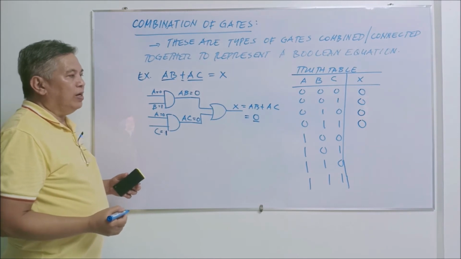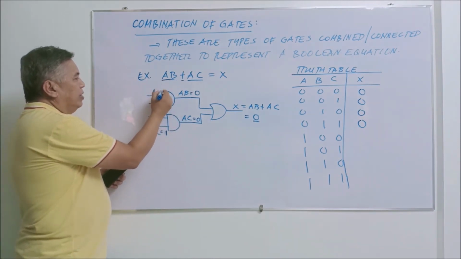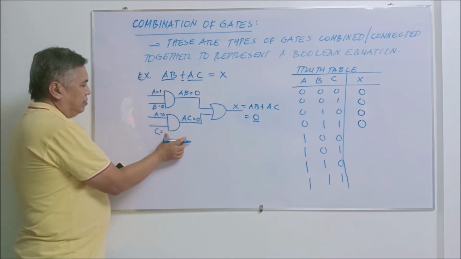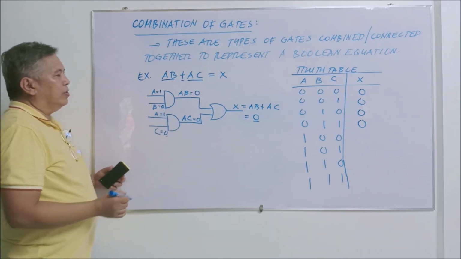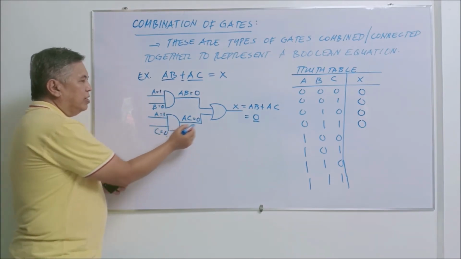Then you have 1, 0, 0. So your A now is 1, and B and C are 0. Again, 1, 0 is still 0, and 1, 0 for AC is 0.